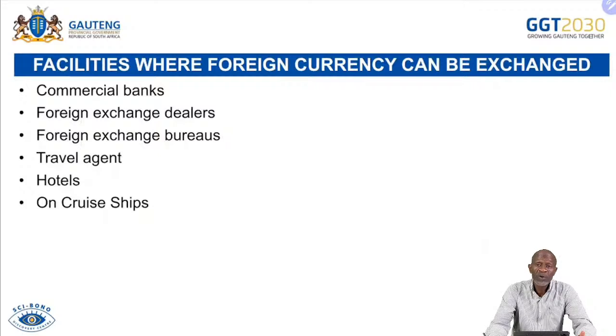It is also exchanged at foreign exchange bureaus, at the travel agents, in hotels, and on cruise ships. These are areas or places where you can be assisted if you want to exchange one currency to another.